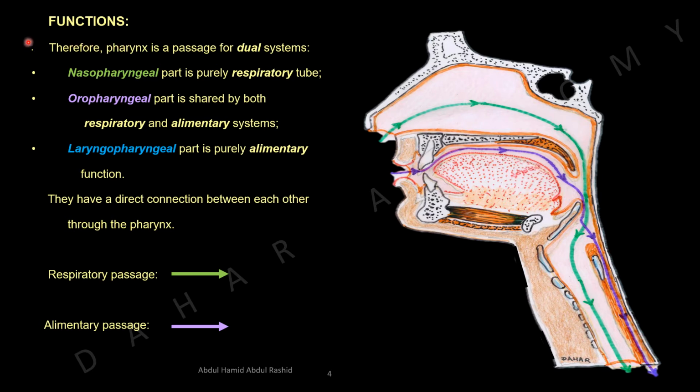Therefore, the pharynx is the passage of a dual system. The nasopharyngeal part is purely a respiratory tube. See, only the green color is there. The oropharyngeal part is shared by both the respiratory and alimentary systems. In this oropharyngeal part, you can see two colors of arrows, for respiratory and for alimentary; the food will be going through here.